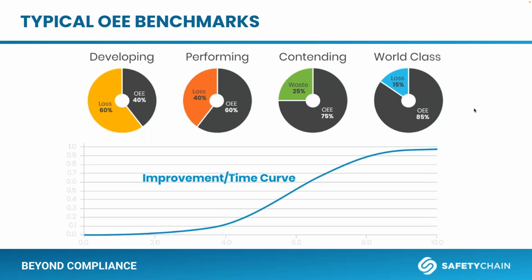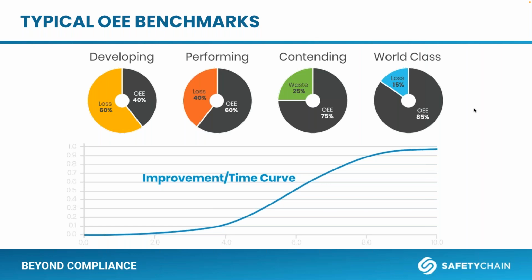If we start off, just as we're starting to develop, starting out, typically OEE might be 40% or so, or less. And then as we move forward and we start consciously working, as Aaron mentioned, using facts, using data, and starting to diligently improve our operation, we might move from 40 to 60%.